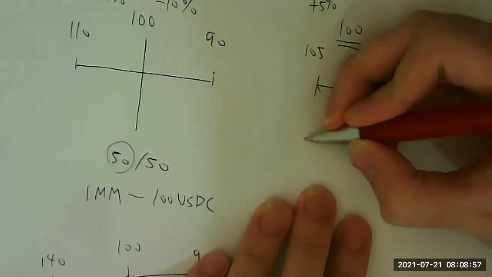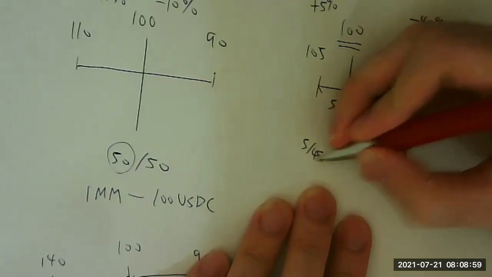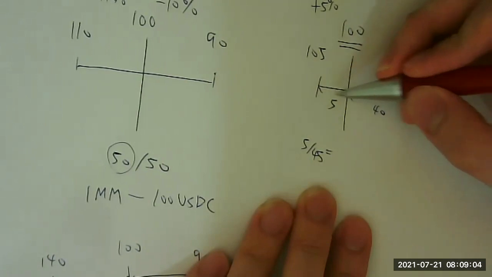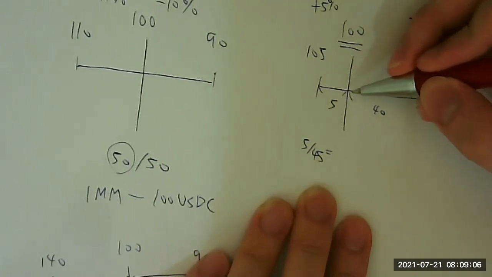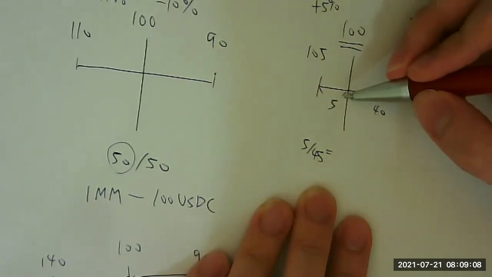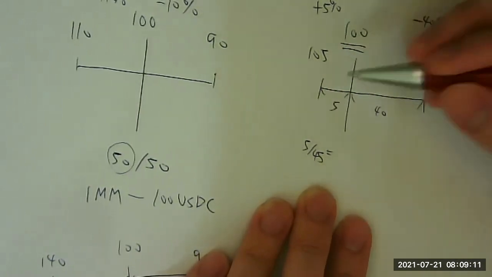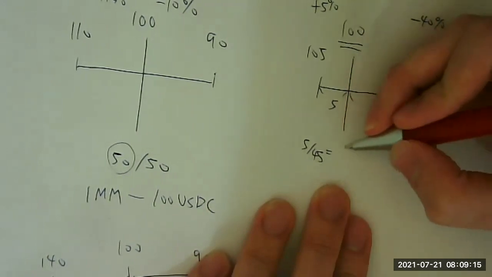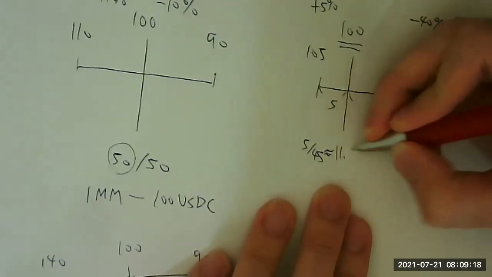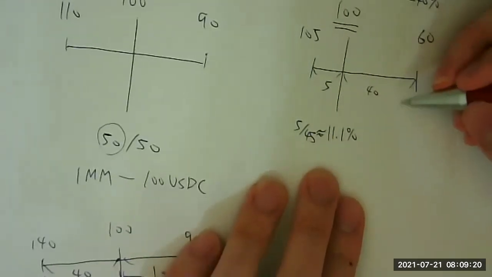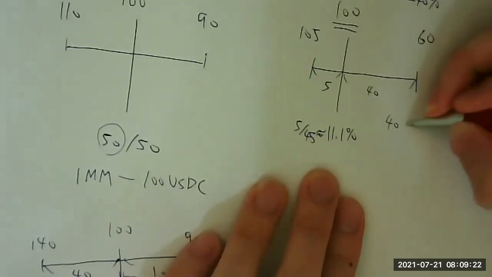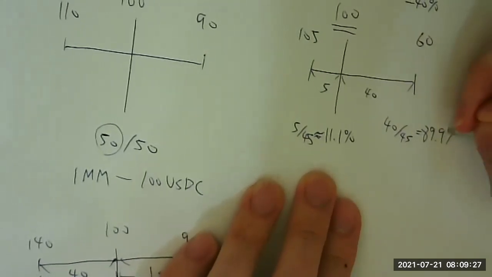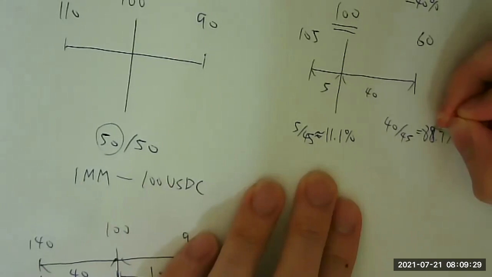For NM, it's 5 over 45. So it's the percentage of the distance among the whole liquidity range. So 5 over 45, that would be roughly 11.1%. And for USDC, that will be 40 over 45, which would be 89.9%. Oops, 88.9%.